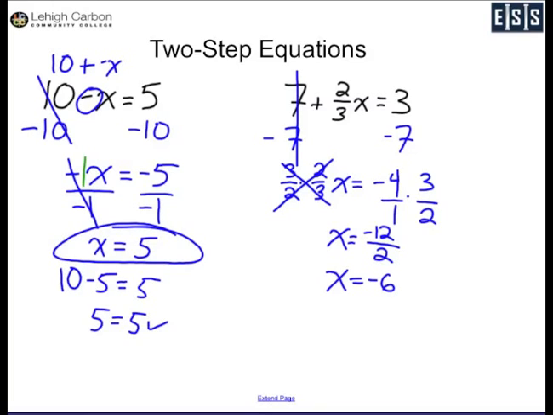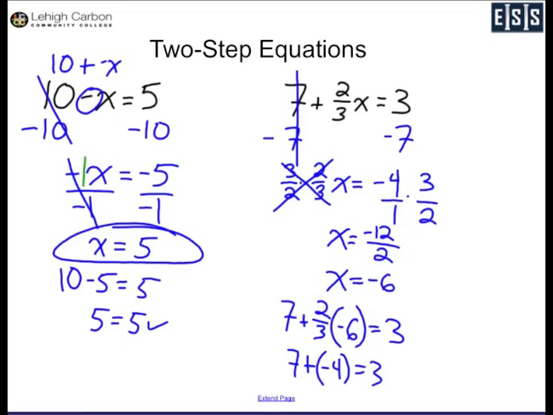I can check this. 7 plus 2/3 times -6 equals 3. 7 plus 2/3 times -6 is going to be a -4. 7 plus a -4 is 3. 3 equals 3. This is, in fact, my answer.